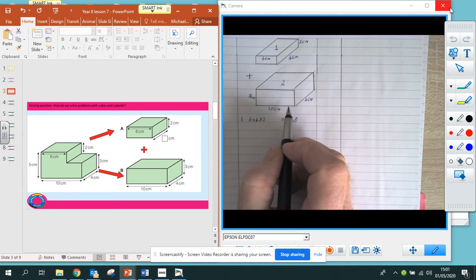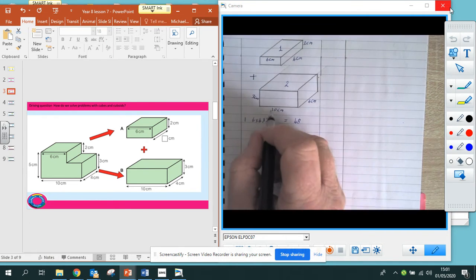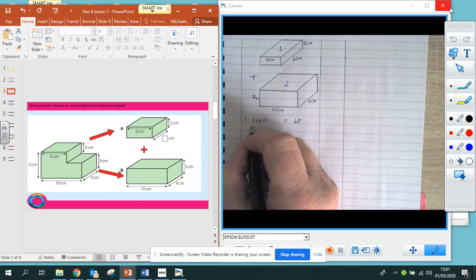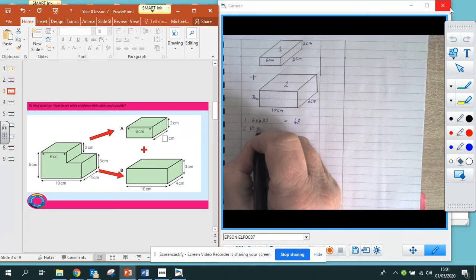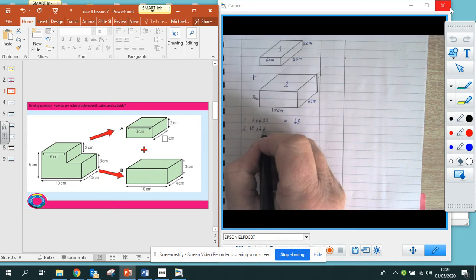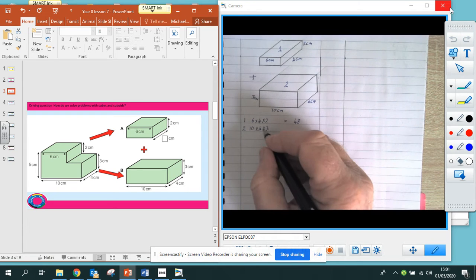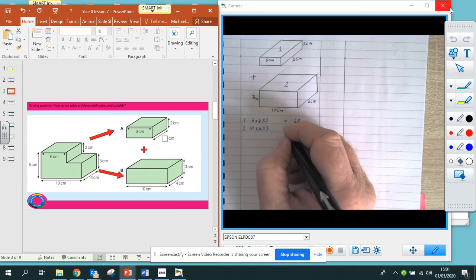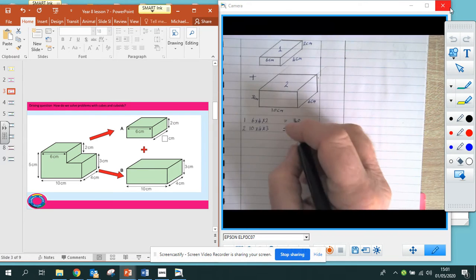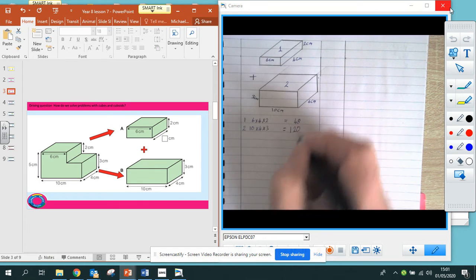For my next shape, shape 2, I have 10 times 4 times 3. 10 times 4 is 40. 3 40s are 120, because 3 4s are 12, and I've got to multiply that by 10. So that gives me 120.